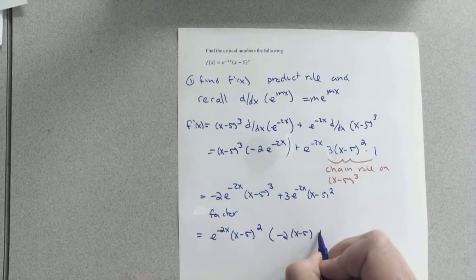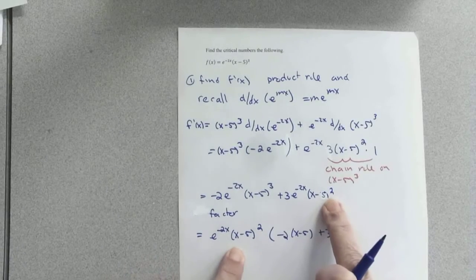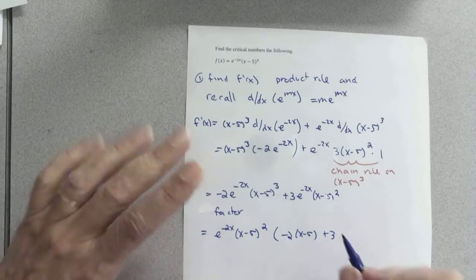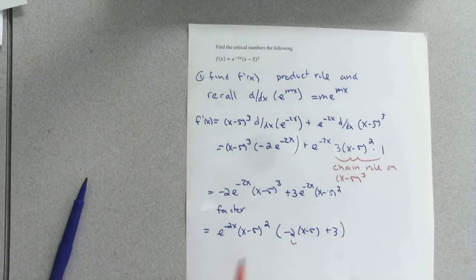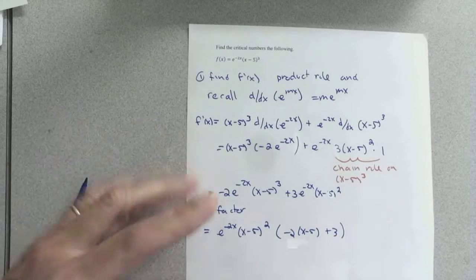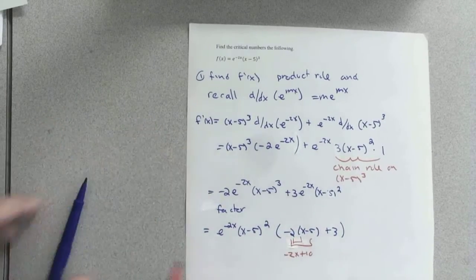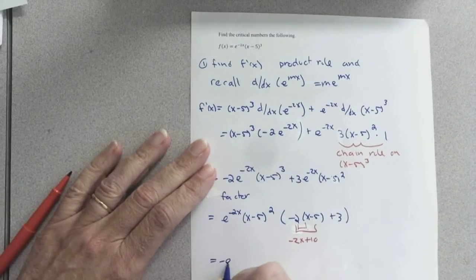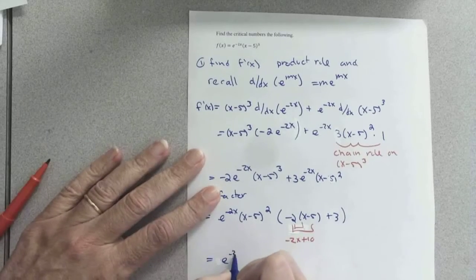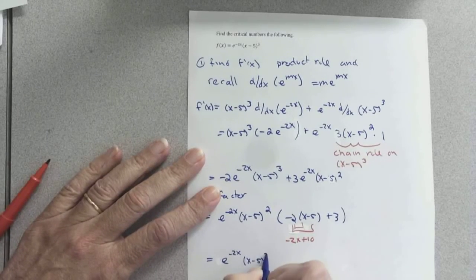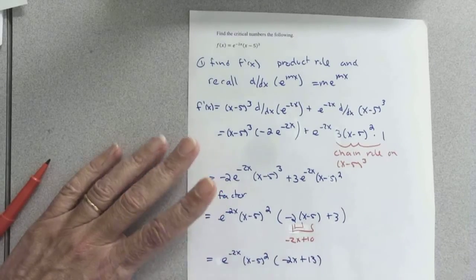Didn't do anything with that 3, so that 3 is still there. Took out the e to the negative 2x. Took out x minus 5 quantity squared, so all that's left is 3. Distribute here. So that's going to be negative 2x plus 10. And so nicely simplified, we got e to the negative 2x, x minus 5 quantity squared, negative 2x plus 13.